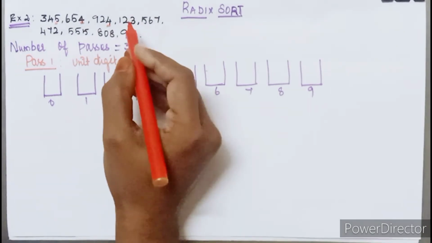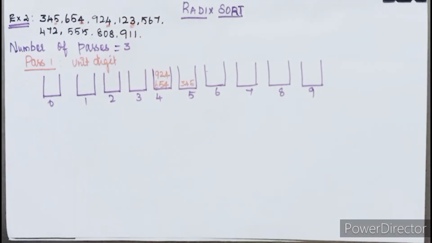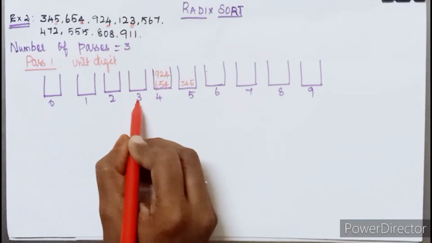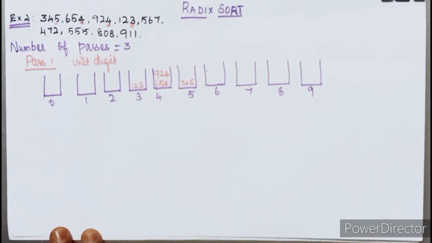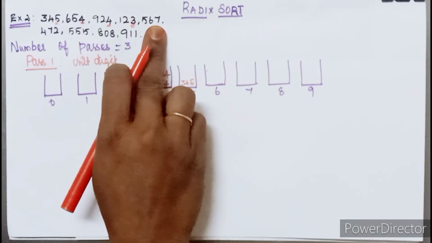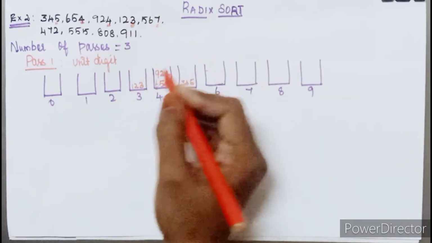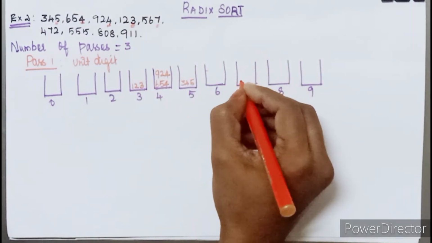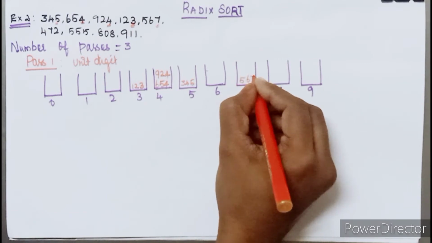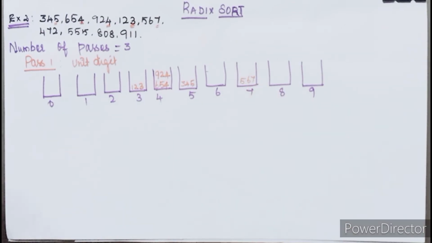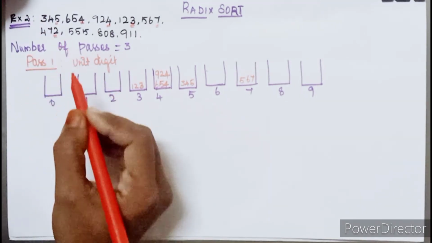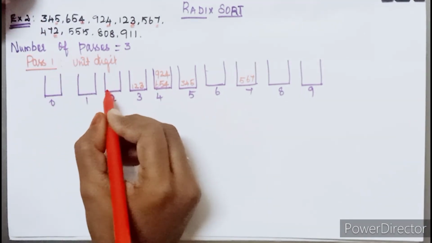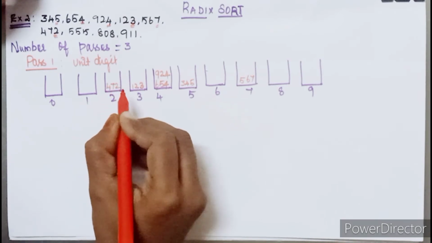Taking the next number, the unit place value is 3, and we move to bucket 3. This is the bucket and the value should be placed inside it. The next number is 567. The unit digit is 7, so we move to bucket 7 and insert the value. The next number's unit place holds 2, so the value is inserted into bucket 2.